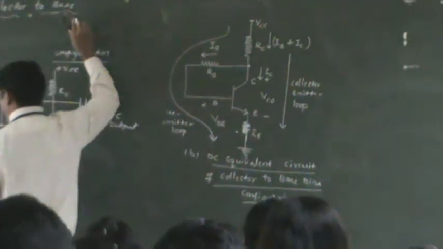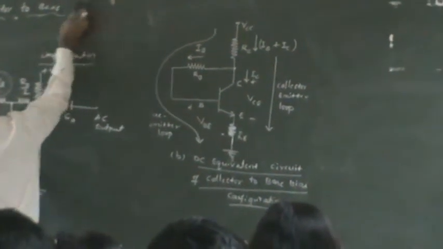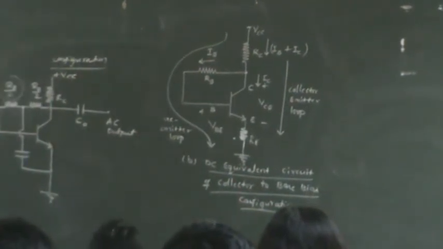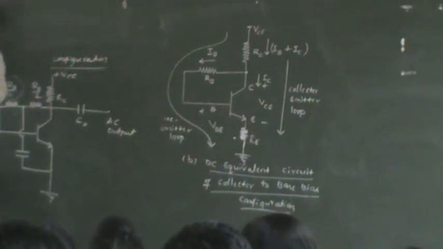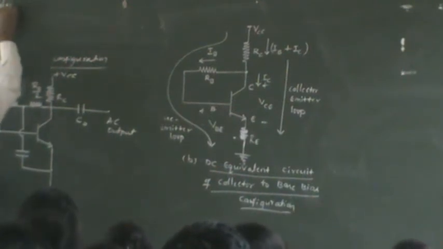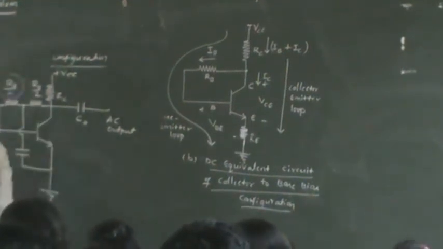And the base emitter voltage VBE of the transistor is 0.7 volts.